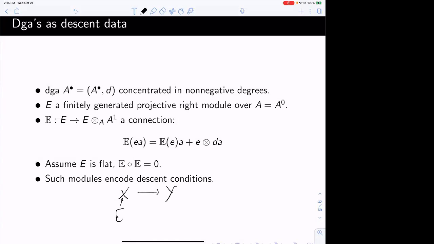I want it to exist in non-negative degrees, and my D uses cohomological grading, so D maps up in degree. So basically, all I'm saying is that a module over my DGA is a finitely generated projective module over the functions together with a flat connection.